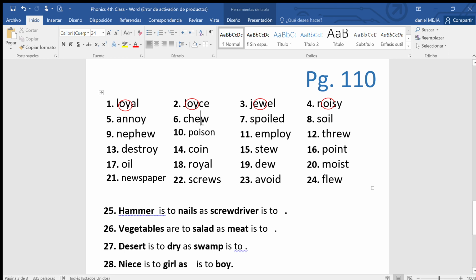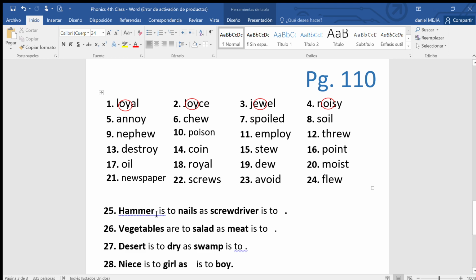Shoe, chew, when you eat and you chew, okay? Poison, you know, something bad. Coin, we don't use coin, but you know coin is a type of money. Royal, like king, queen, princess. Screws, okay?